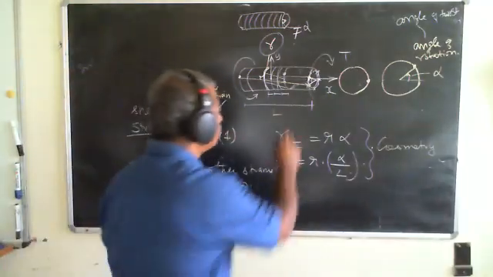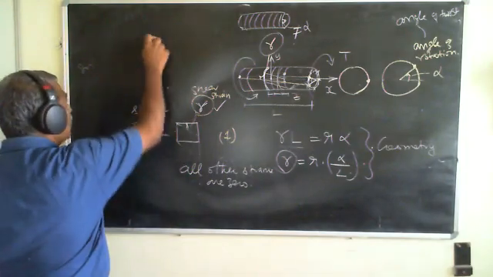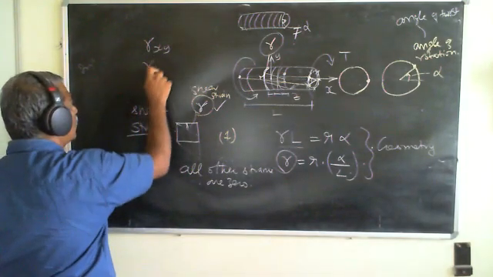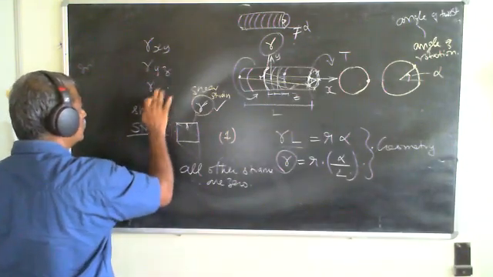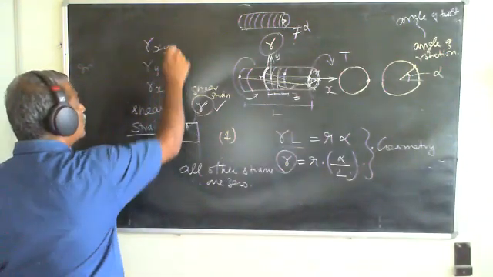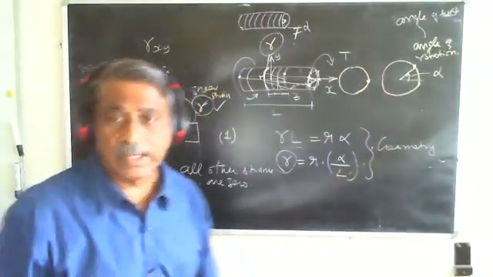I need to figure out what gamma this is. Is this gamma xy, gamma yz, or gamma xz? Which one is this? That's the question that I have to answer now.